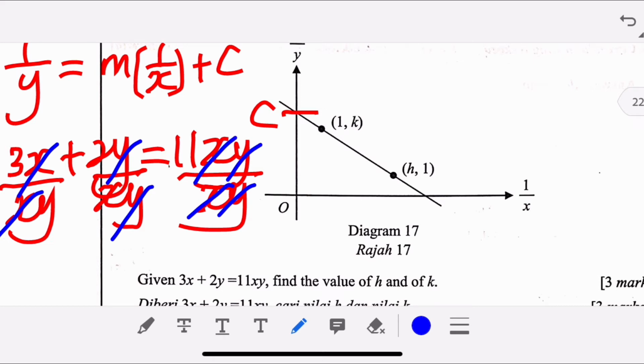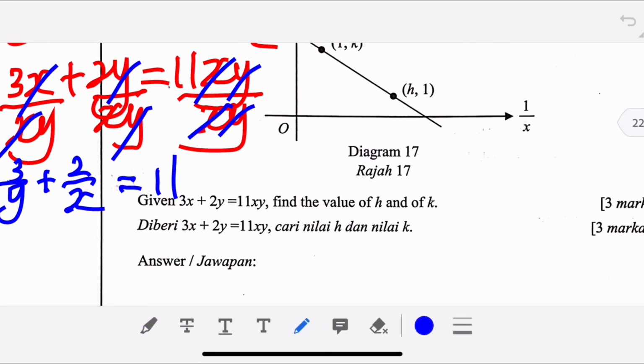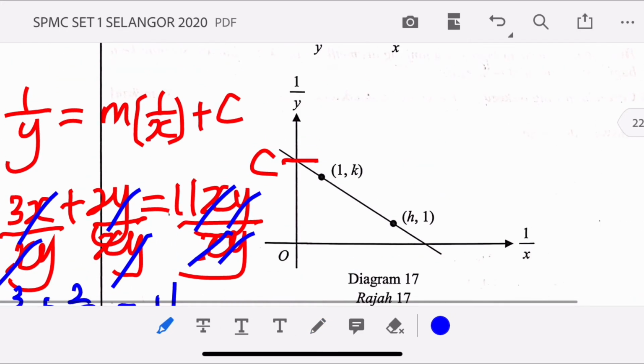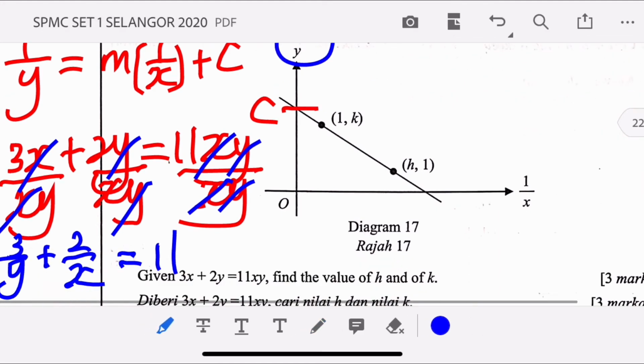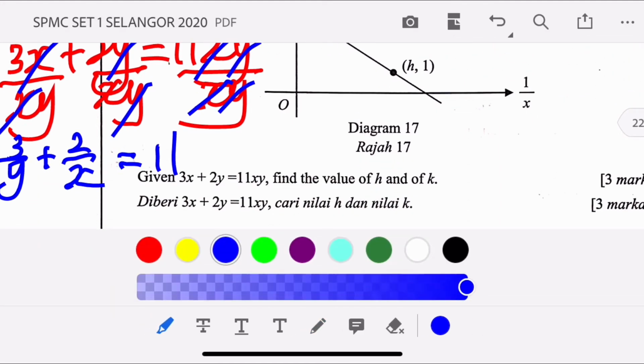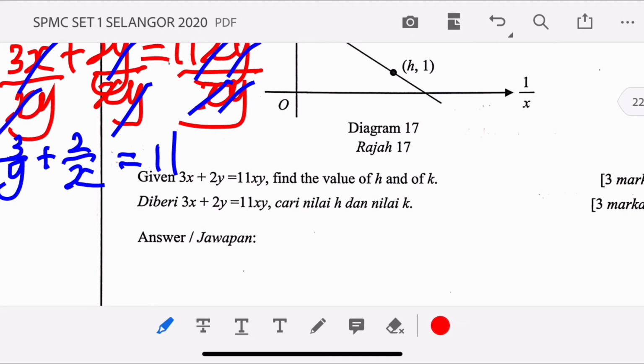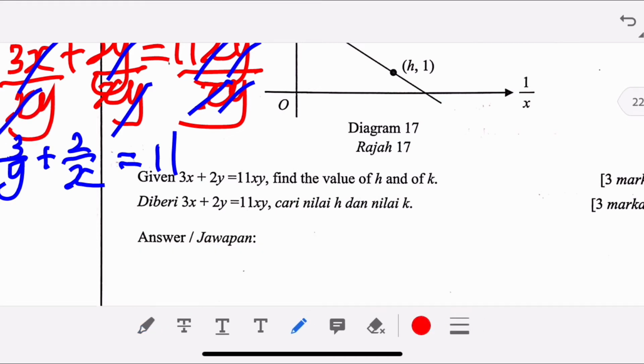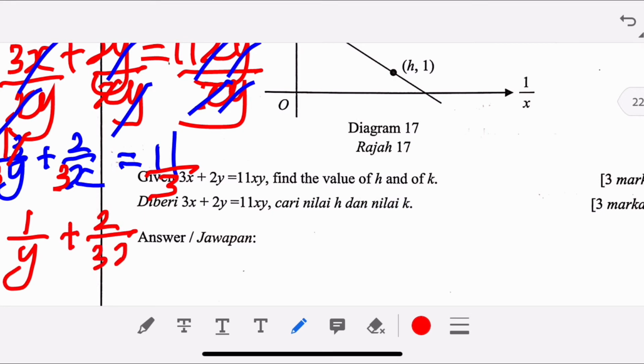So I have 3 over y plus 2 over x is equal to 11. But the graph has the axis 1 over y, so that means I have to divide by 3 for every term. So I have 1 over y plus 2 over 3x equal to 11 over 3.